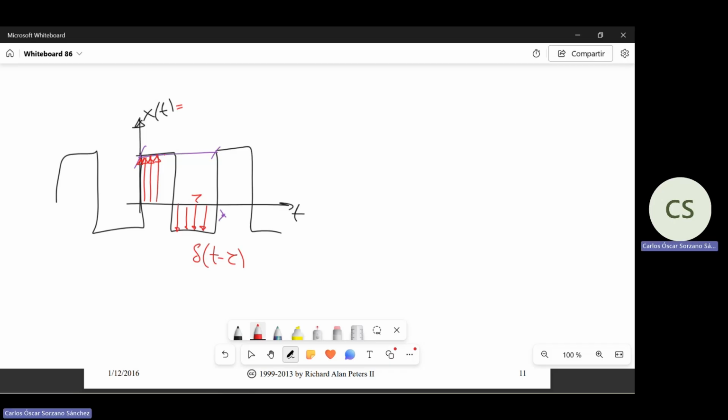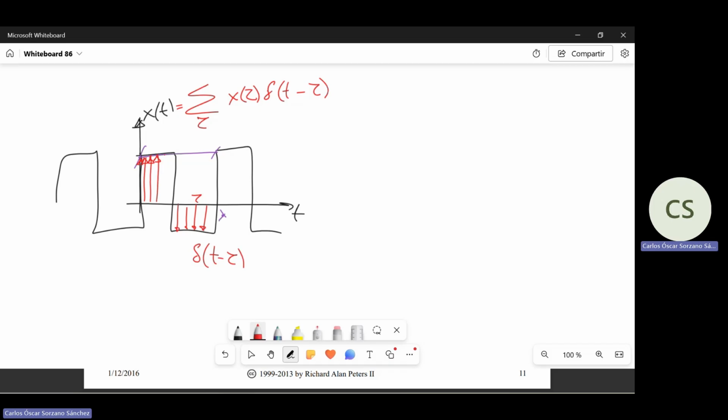So this is the sum over all deltas of x at tau multiplied by delta t minus tau. Would you agree with that? What it's saying is, for every tau, look at how much is x of tau, and then multiply by the delta moved to that location.